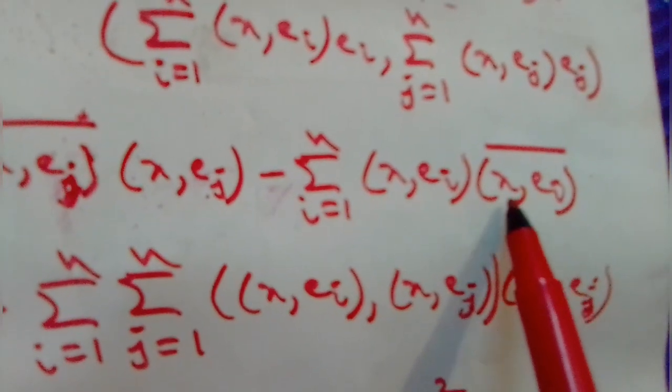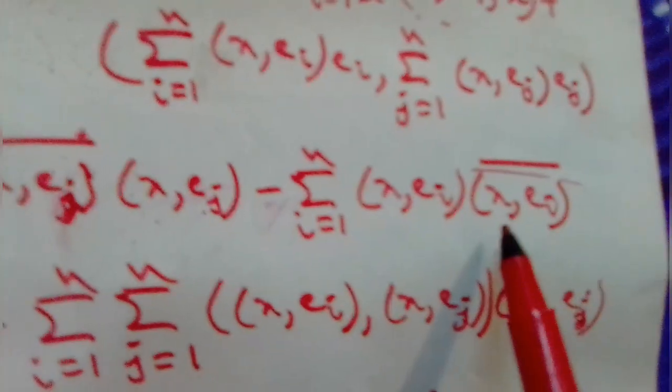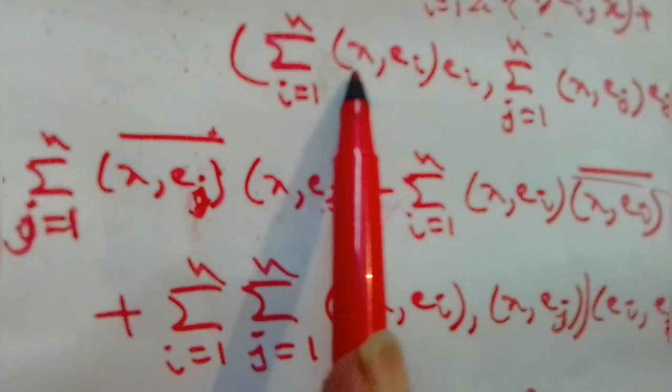So ei dot x can be written as x dot ei whole bar, the complex conjugate. And our next result is the sum for i from 1 to n of x dot ei, and the sum for j from 1 to n of x dot ej.